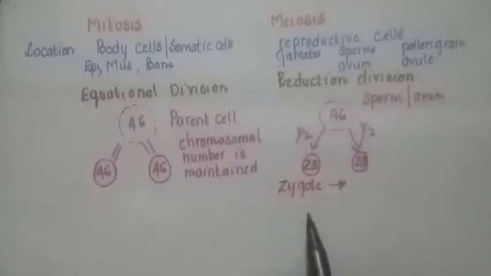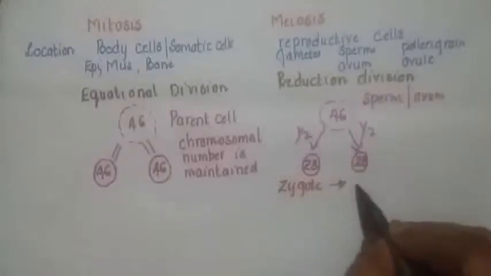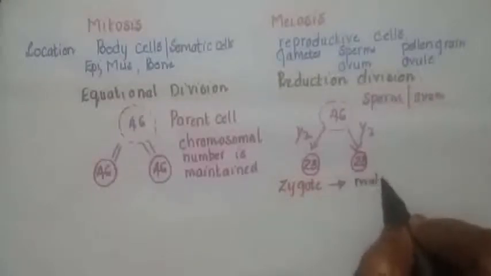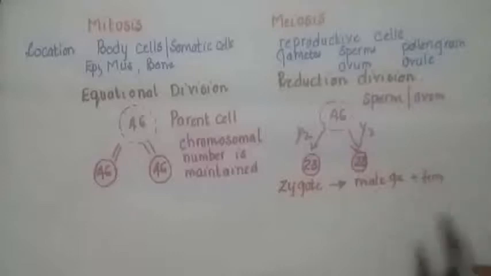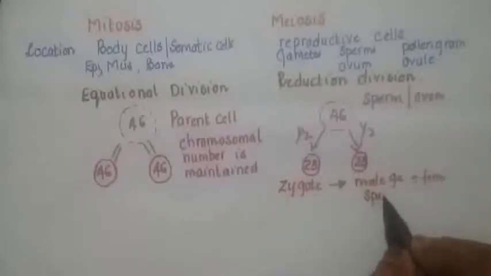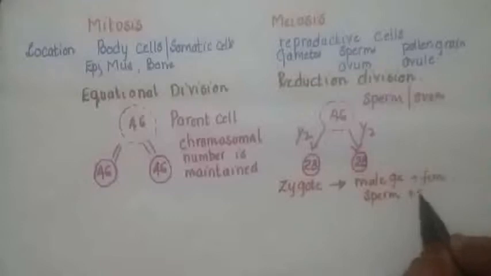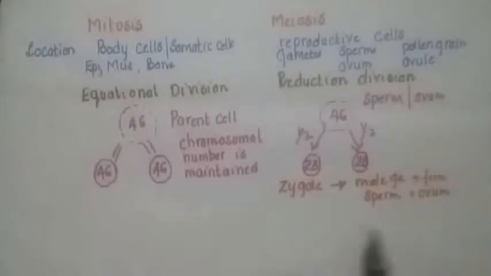Zygote is a fertilized egg, or you can say it is a fusion of a male gamete and a female gamete. That is a fusion of sperm with the ovum during fertilization. So the product of the fertilization is known as a zygote, which is a single cell.